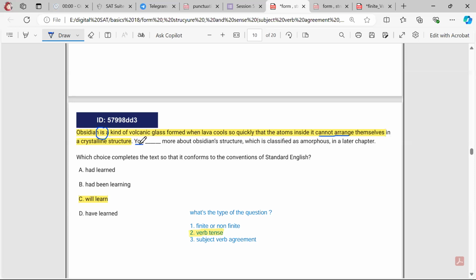That's a different subject. I'm talking to you now. More about obsidian structure, which is classified as amorphous in a later chapter. So I'm searching now for present, not for past. Do you agree? Yes. Both of them are in the past.